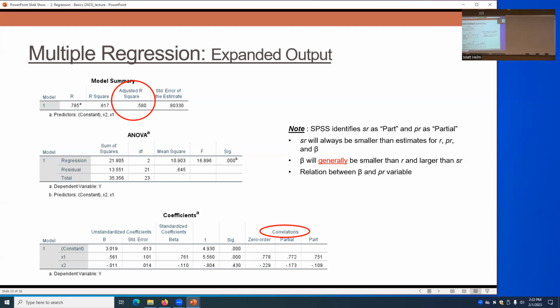If I divide a coefficient by a standard error, what am I getting? Yeah, it's my t-test, right? Here's my t, with 21 degrees of freedom, and here's my coefficient, okay?